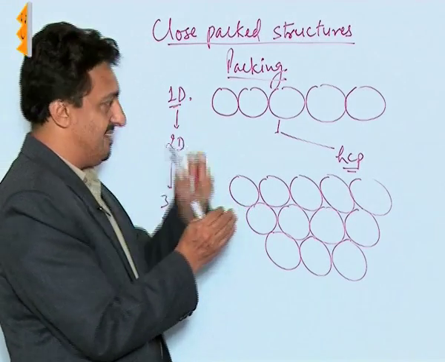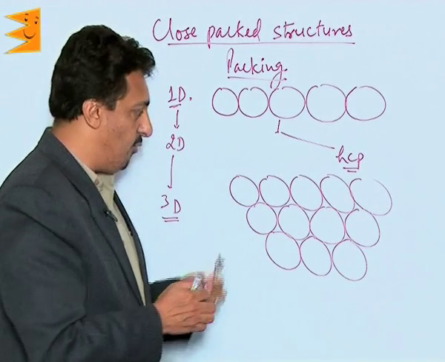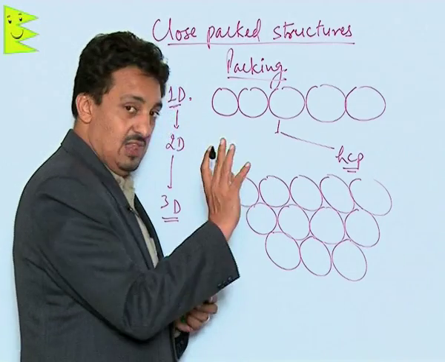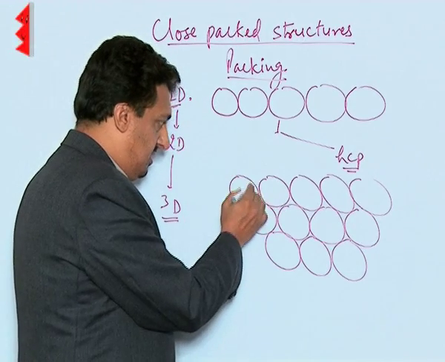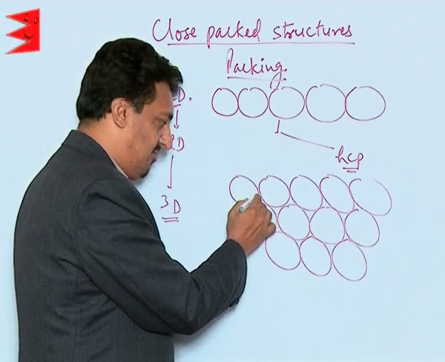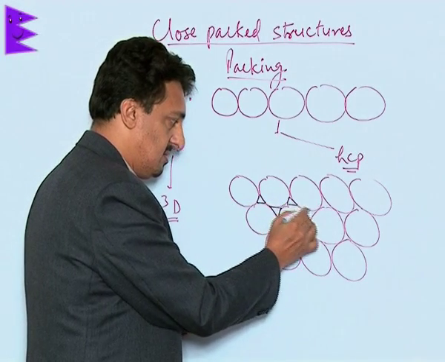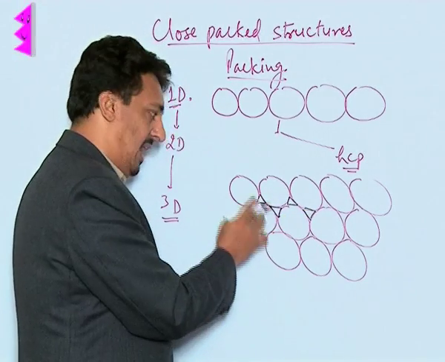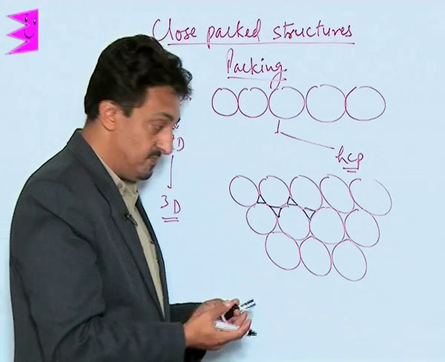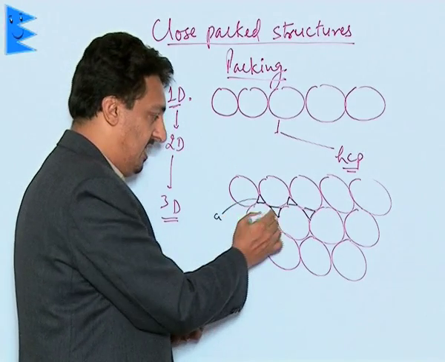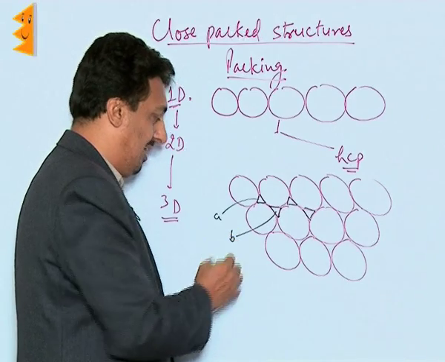That's why the topic is close packed structures, and the voids or the interstitial spaces in these are very small, though they are of two types. All of these are actually triangular in shape like this, and they are all of the same size. We call the ones pointing upward A, and the ones pointing downward B.